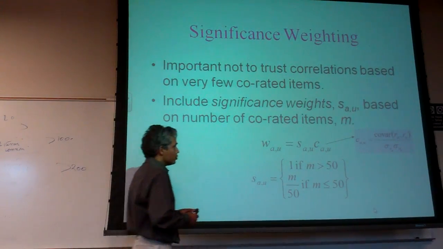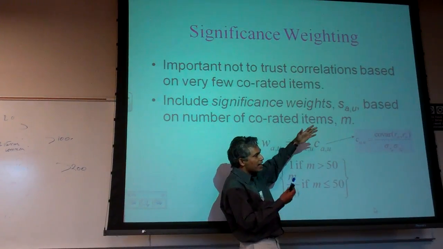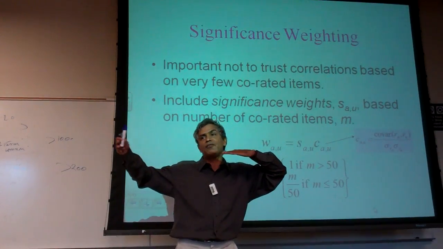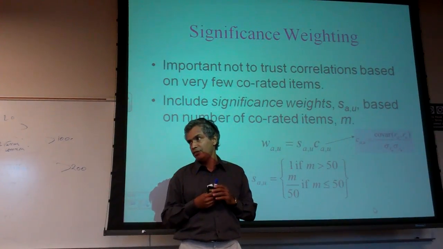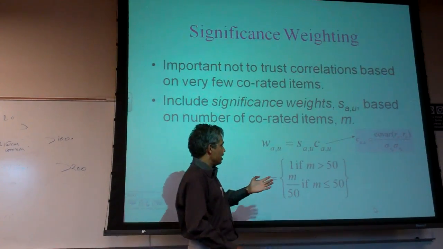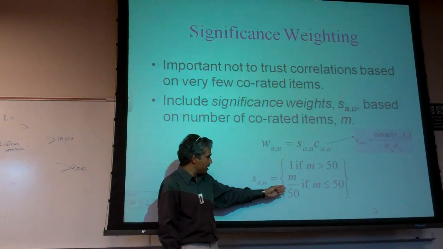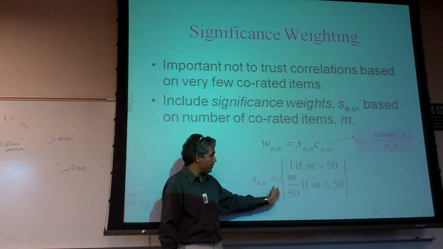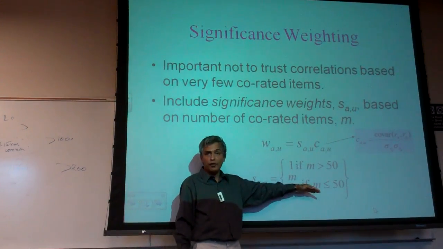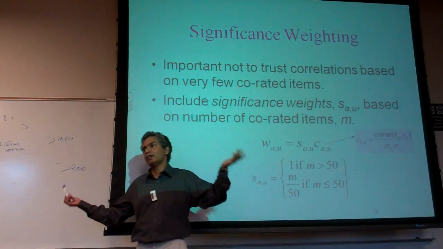So the significance weighting should depend on the shared experience, the total number of items that you are co-rating. You don't have to rate them exactly the same, you just co-rate them. If it is less than some small number, then what I can do is make the significance factor increase linearly from 0 up to 50, and then after 50 it just becomes equal to 1.